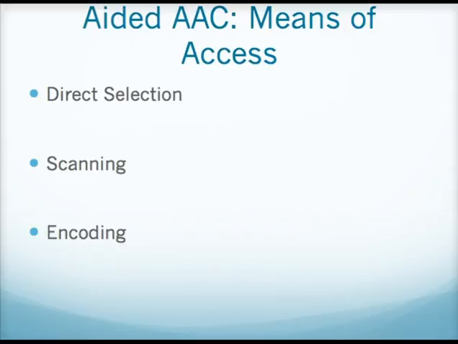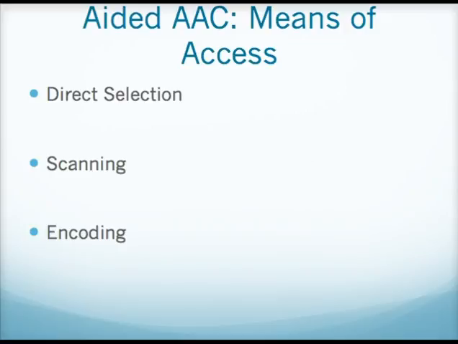So there are three different categories of means of access. Direct selection being the first, which simply means that there's a direct indication of what symbol is being selected. And this is done by pointing or some other mechanism to the desired symbol or item. So this is the most simple and the fastest way to make a selection.